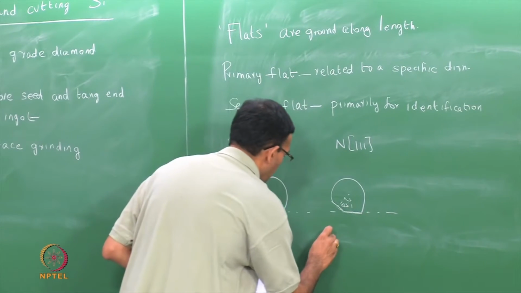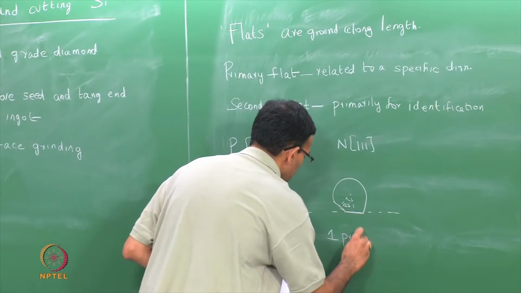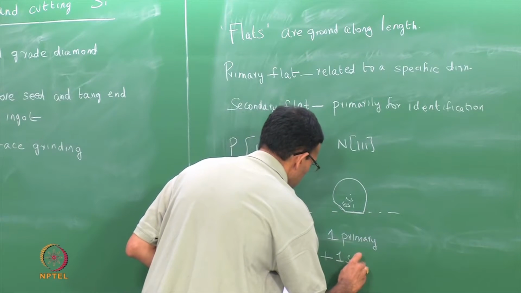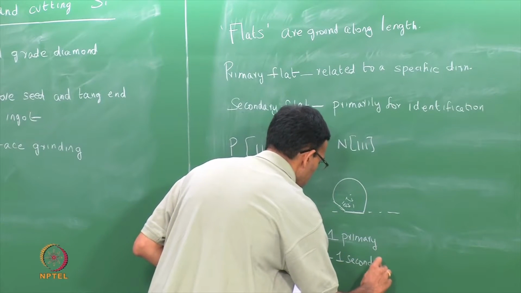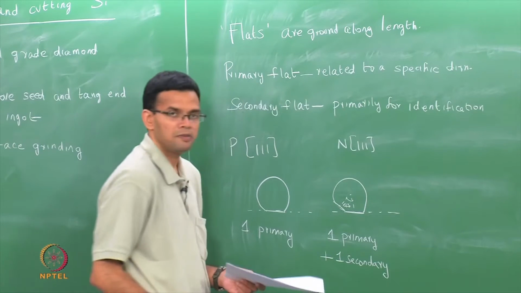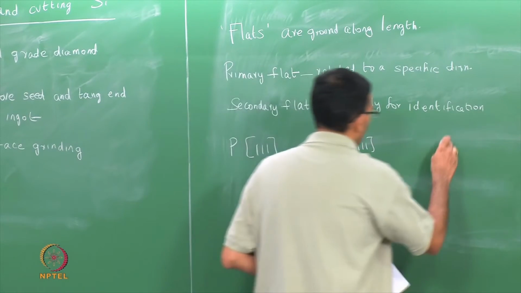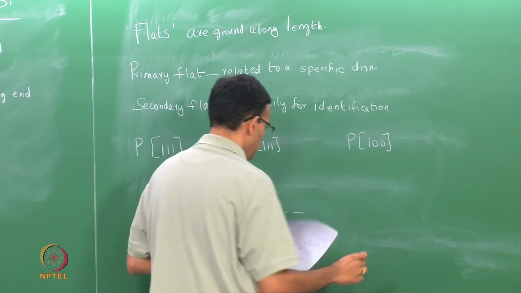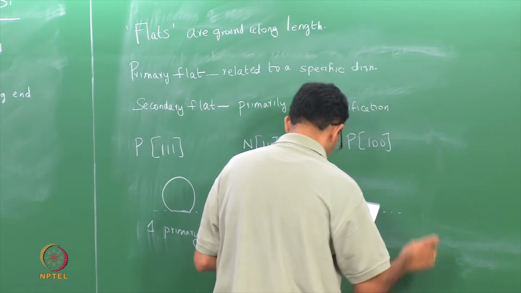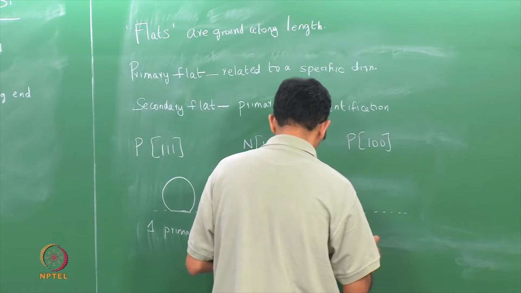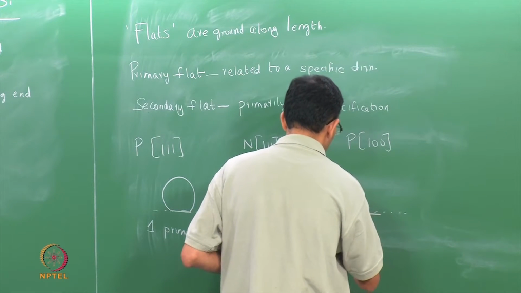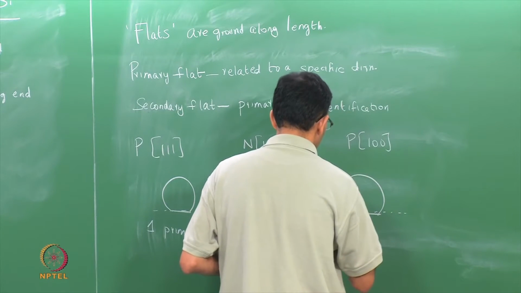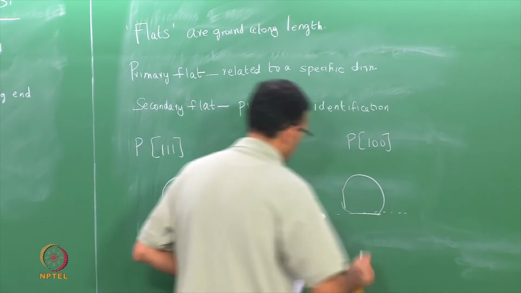So, in this case you have one primary plus one secondary. If you have a p type 100, you have two flats, one primary flat and a secondary flat that is at 90 degrees.